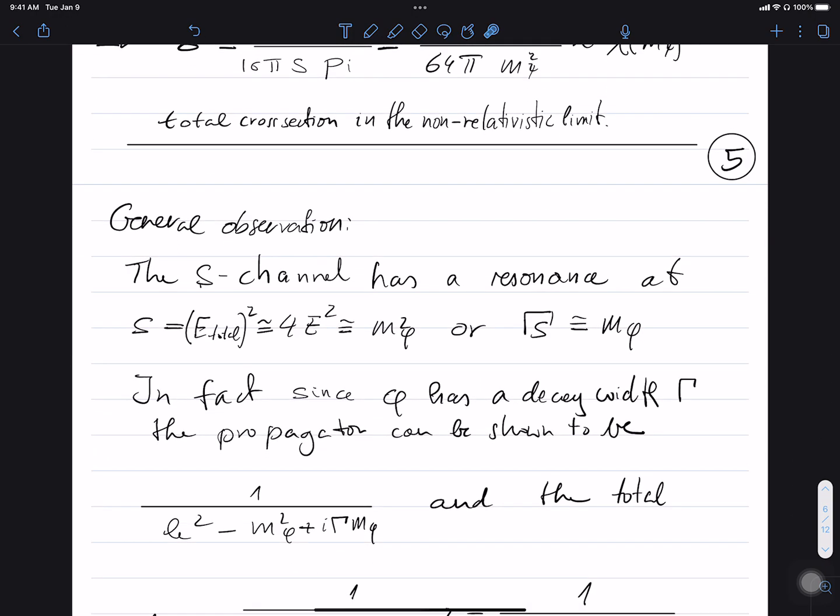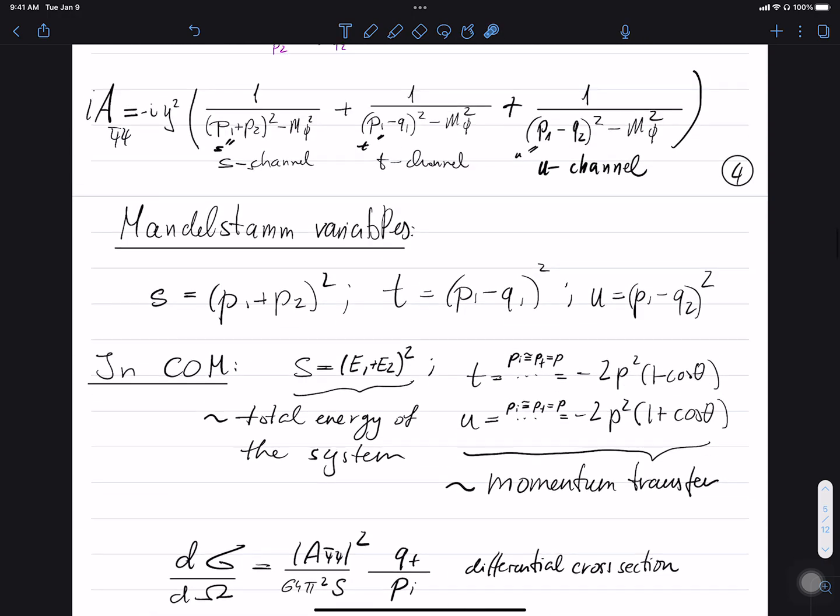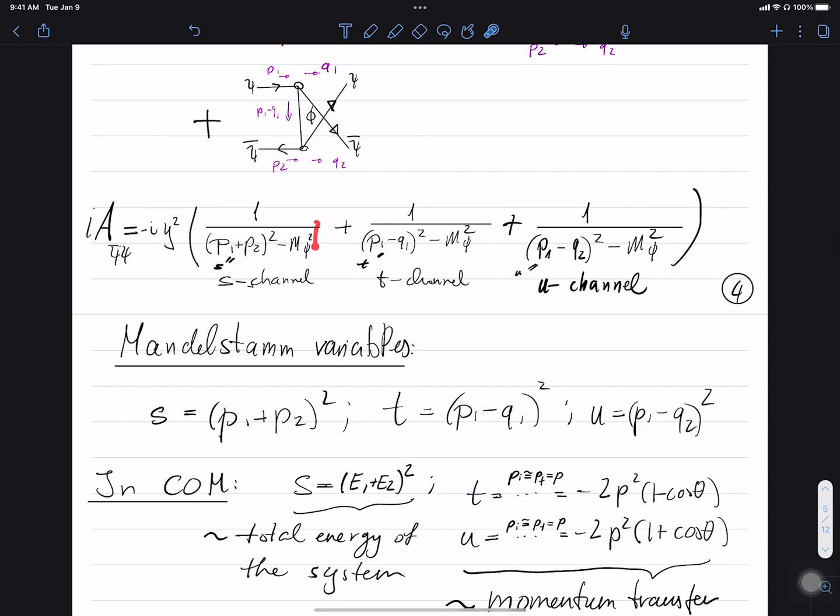There's another general observation, that the S channel diagram has a resonance when this S variable, which corresponds to, if we assume that both particles have the same energy, let's say the energy E, so S is 4E squared, approaches m phi squared, or when square root S approaches m phi, the function here actually diverges.